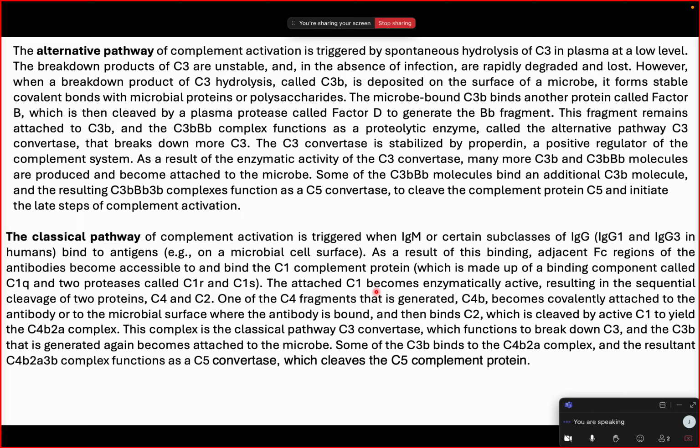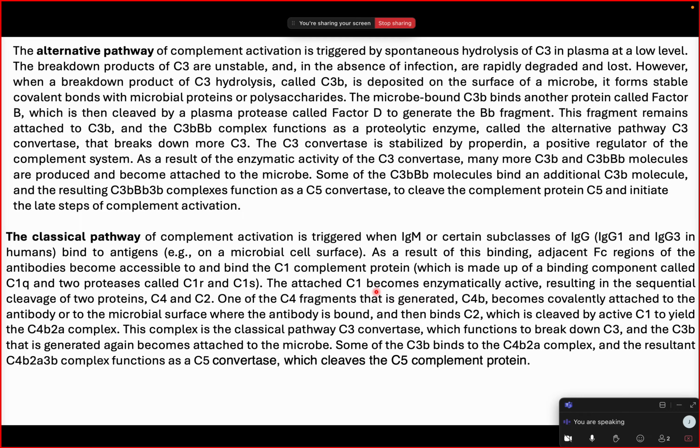However, when a breakdown product of C3 hydrolysis, called C3b, is deposited on the surface of a microbe, it forms stable covalent bonds with microbial proteins or polysaccharides. The microbe-bound C3b binds another protein called factor B, which is then cleaved by a plasma protease called factor D to generate the Bb fragment.